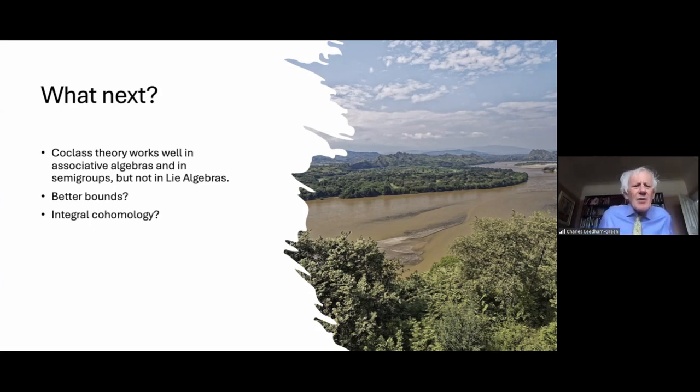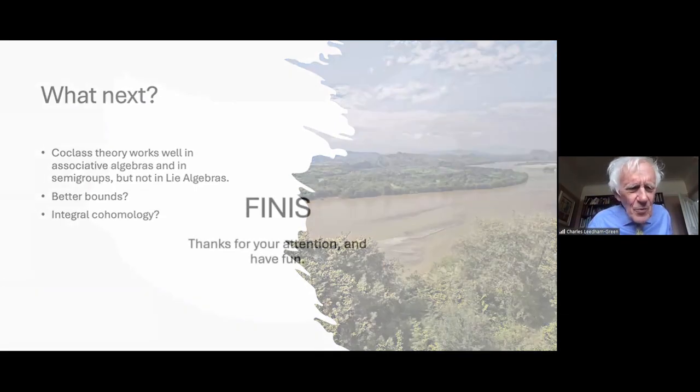I just don't know. Anyway, there are various other things. So co-class theory has leaked off into semigroups and associative algebras, but it doesn't seem to work well for Lie algebras. And you can improve the bounds. And the integral cohomology would be quite interesting, and so on and so forth. But I'm waffling, I'm afraid.